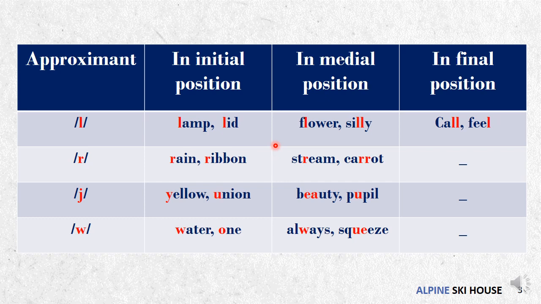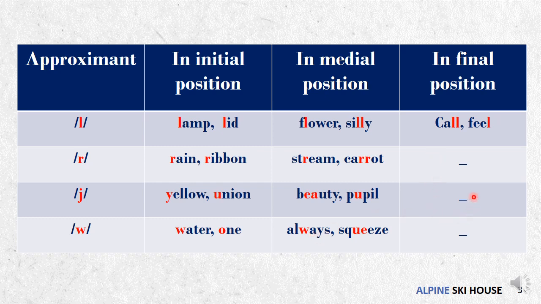So approximants can come in initial position, medial position, and final position. So flower is in the medial position, the L sound. Stream or carrot, R, is in the medial position. And pupil, which I already said, Y, is in the medial position. And W, always, is in the medial position.